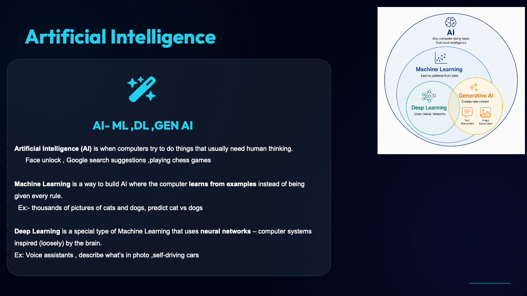So what is deep learning? Deep learning is a special type of machine learning, which you can consider as systems connected like the brain, right? It's a network of layers connected in order to do complex tasks. It's easy to distinguish between a cat or dog, because this is a simple model.